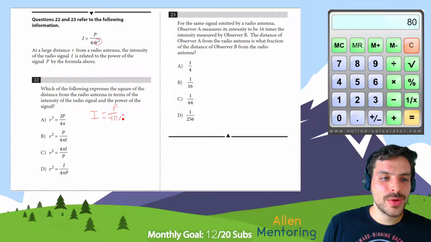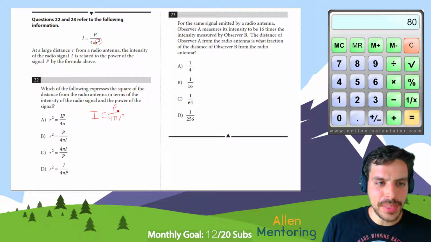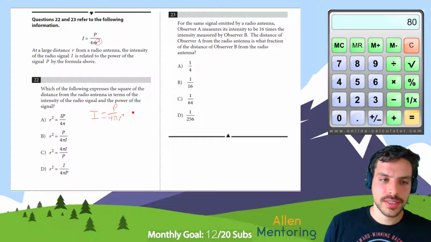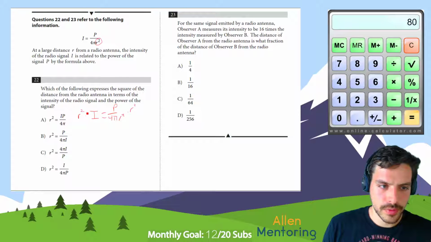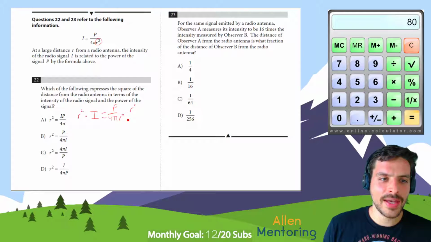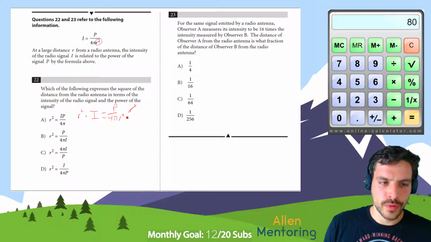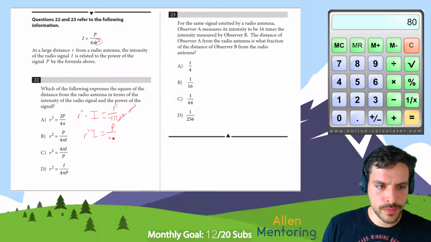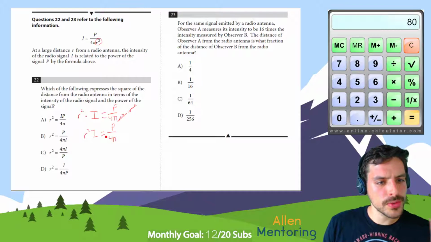If r squared is dividing P, the way that we get it to the other side is we do the opposite. So we multiply r squared on both sides. The magic of doing that is that r squared over r squared cancel out. And so now we have r squared I is equal to P over 4 pi. Okay, so we're almost done here.